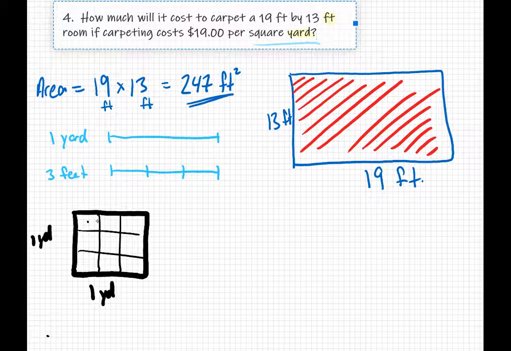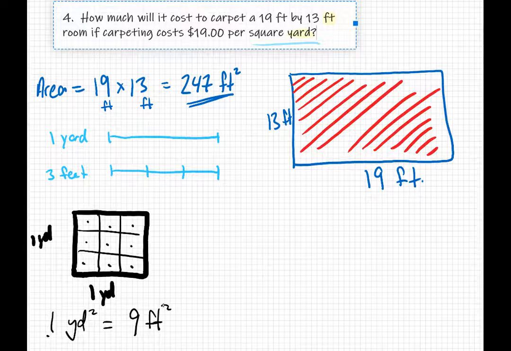So it looks like 1, 2, 3, 4, 5, 6, 7, 8, 9. Well, 1 square yard looks like it's equal to 9 square feet. Okay, 1 yard is 3 feet, and 1 square yard is 1 by 1 or 3 by 3, which gives you 9 square feet.